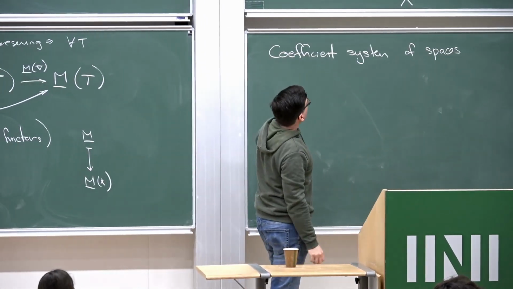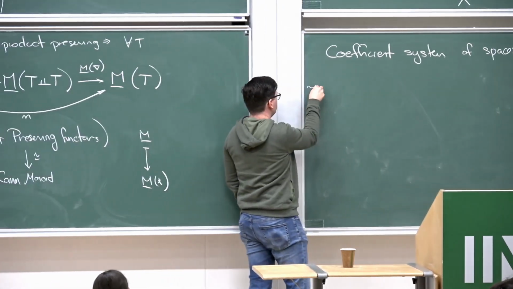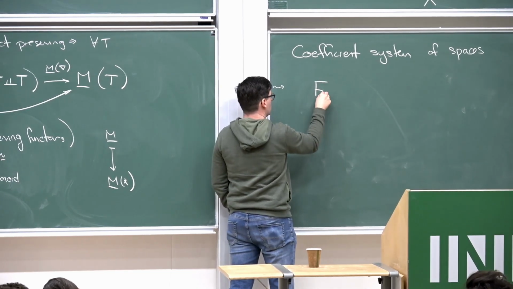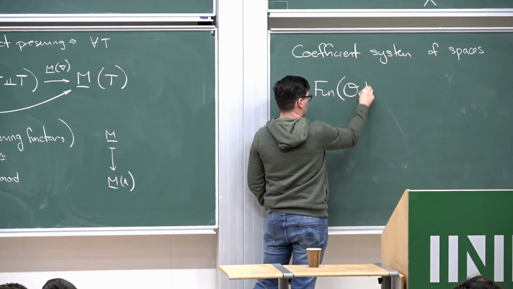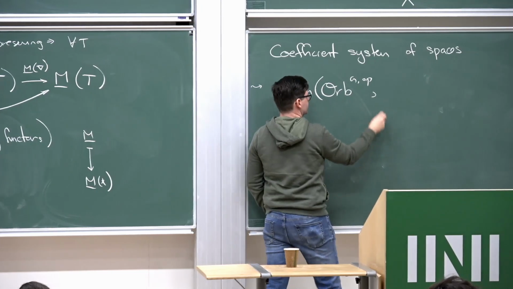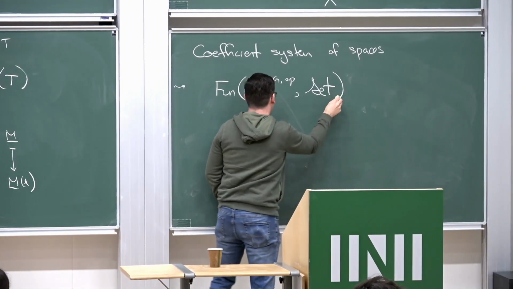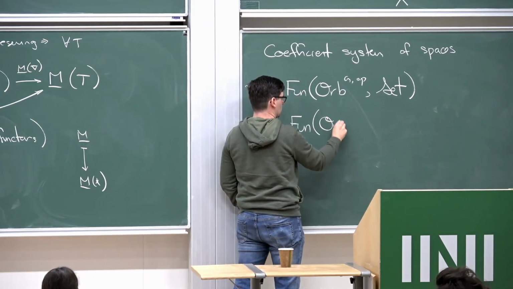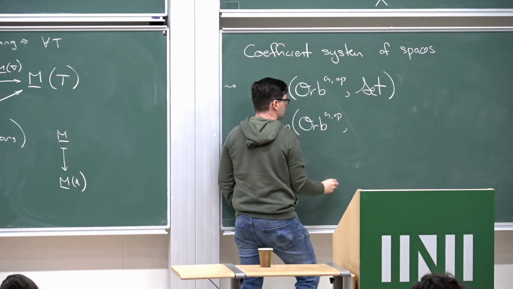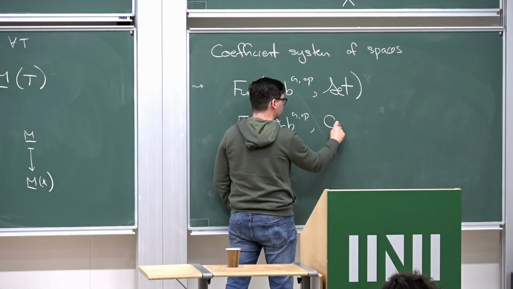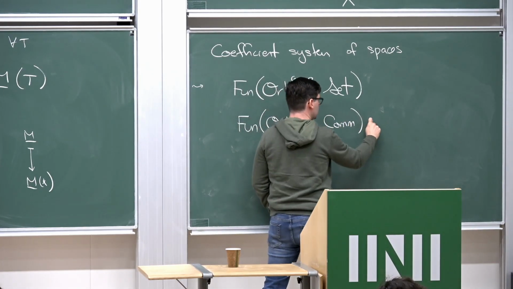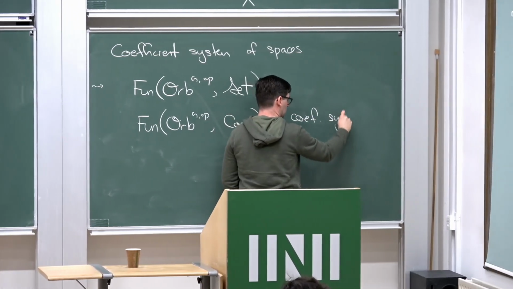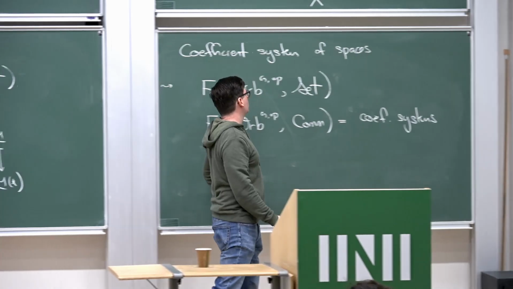And if I had other target categories, I would have coefficient systems there too. So I also have functors from the orbit category into sets. And the other I'll spend more time considering are functors from the orbit category into, say, abelian groups or commutative monoids. These are what people have traditionally called coefficient systems, but I want to put them all on equal footing.